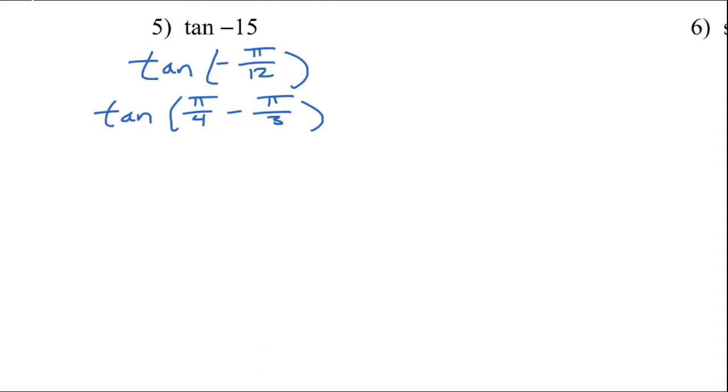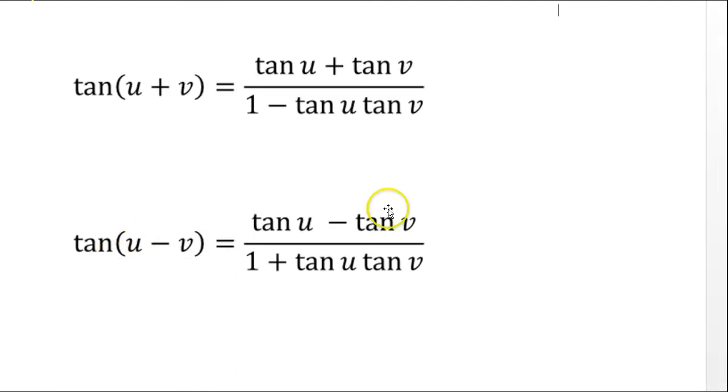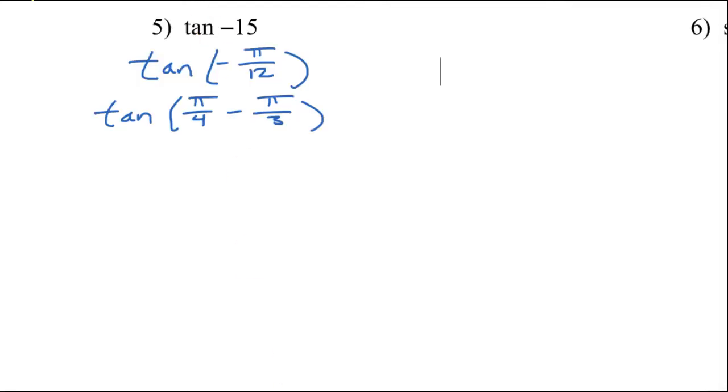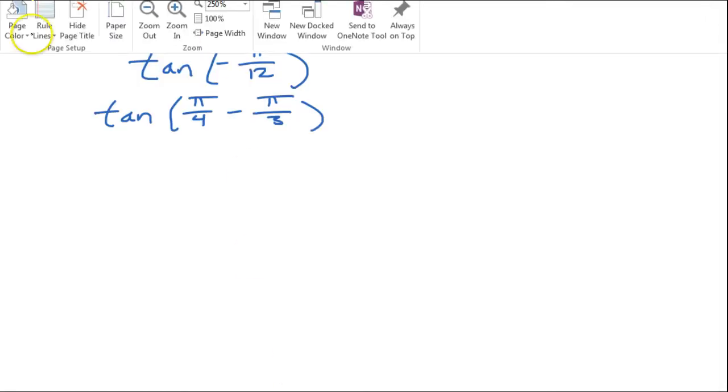Okay, now I need the formula. Tangent of something minus something. What's up? Alright, here's the formula right here. Soak it in. Soak it in. Alright, now let's use it.